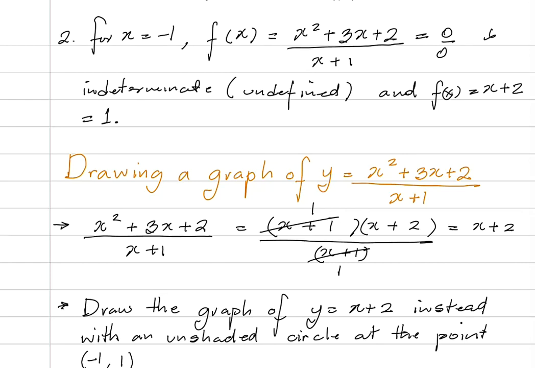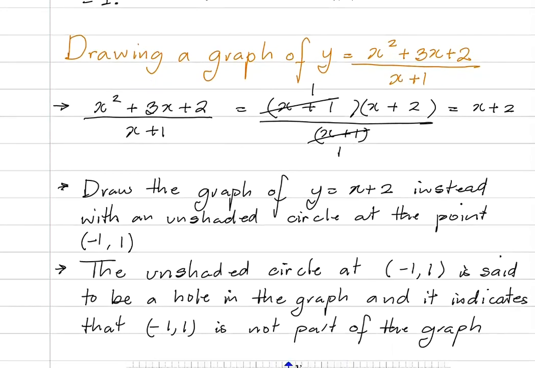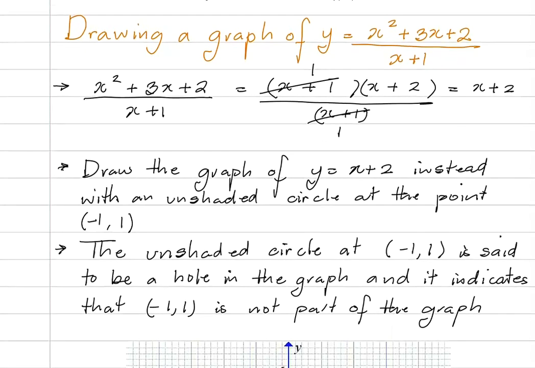All right, so let us look at what happens, because remember we started out by saying the value of a limit of a function is a value that the function never actually reaches. We also talk about a hole in a graph. So let's look at what would happen if we were to draw a graph of f of x equal to x squared plus 3x plus 2 divided by x plus 1. We already showed that we factorized x squared plus 3x plus 2 to get x plus 1 multiplied by x plus 2, divided by x plus 1. The x plus 1 in the numerator and the denominator cancel.